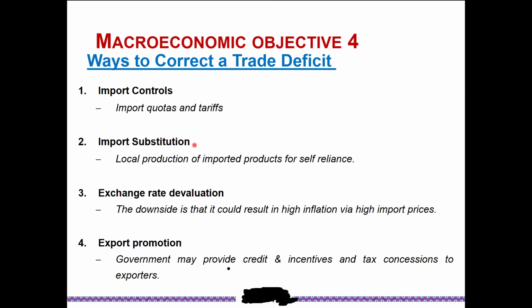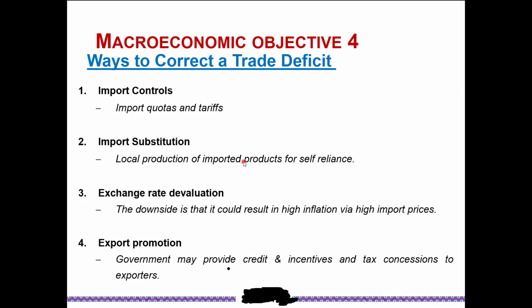So I hope you guys are getting that one. Import substitution is like, let's try to make these products here in South Africa and not import them, right? So they're saying here, local production of imported products for self-reliance. Because remember, we're trying to correct the trade deficit, so we have to reduce imports and increase what? Exports.